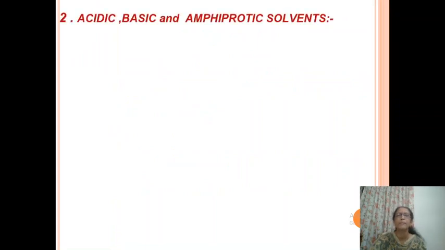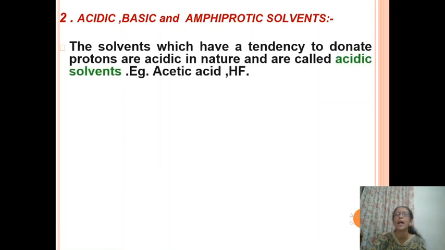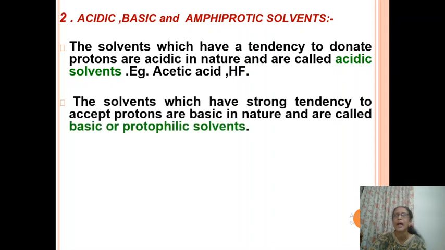Now we can see the second type of classification, that is acidic, basic and amphiprotic solvents. The solvents which have a tendency to donate protons are acidic in nature. They are called acidic solvents. Example: acetic acid, hydrogen fluoride, etc. The solvents which have a strong tendency to accept protons are basic in nature, and therefore they are called basic or protophilic solvents.